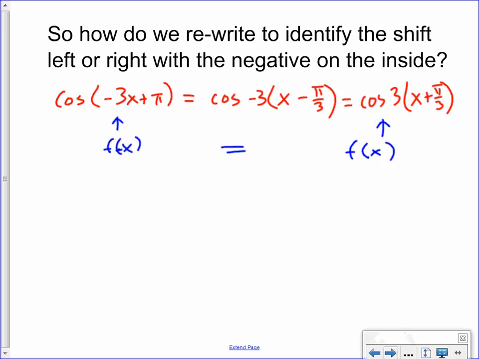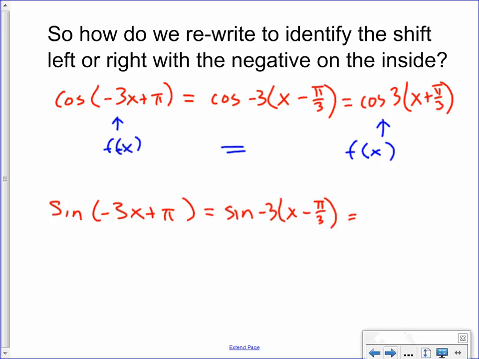For sine, here we go. If you have sine of negative 3x plus pi, when you pull out that negative 3, sine would be negative 3x minus pi over 3. And then you can just pull the negative to the front.